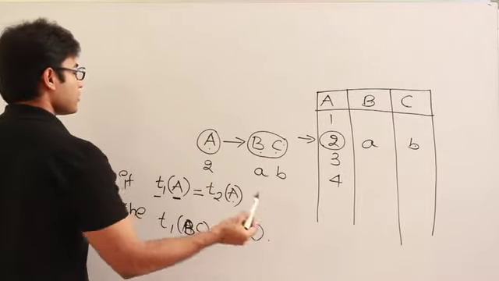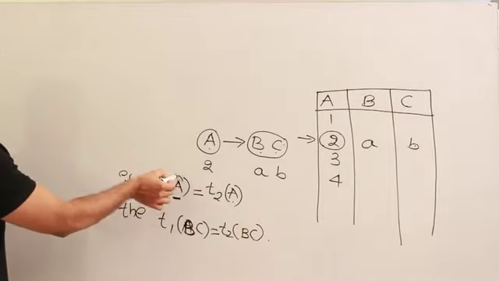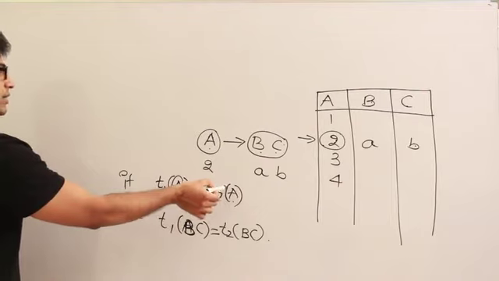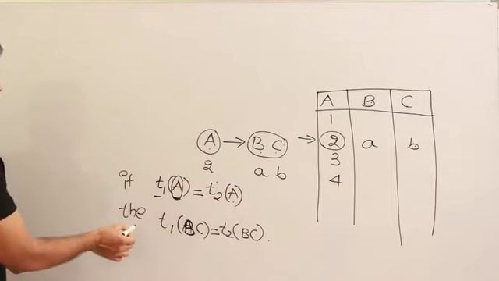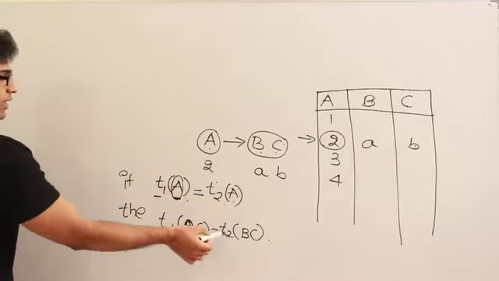This is the meaning of it. So in case A has some value in tuple T1 and some value in tuple T2, and these two values are equal, B and C will have the same values.